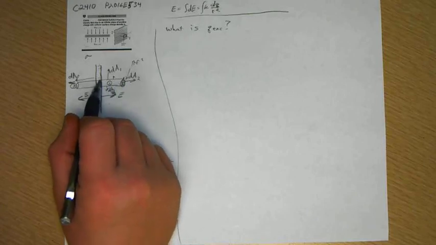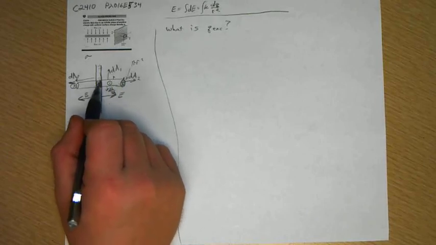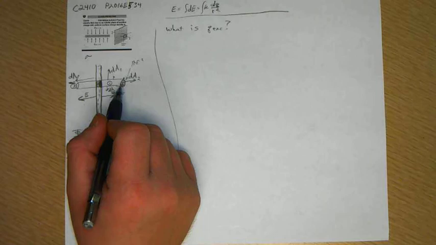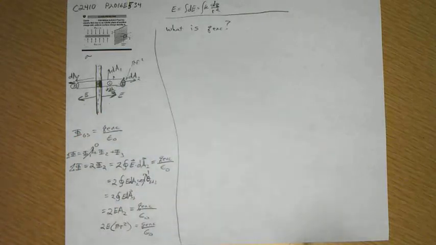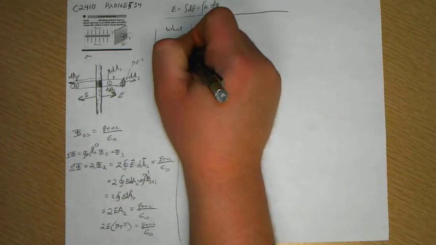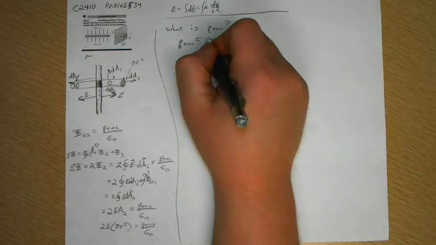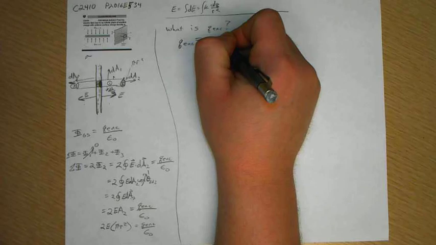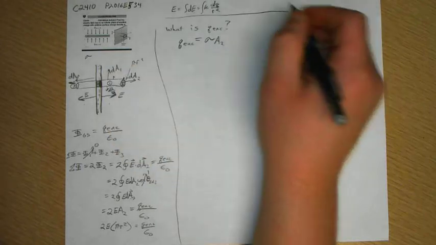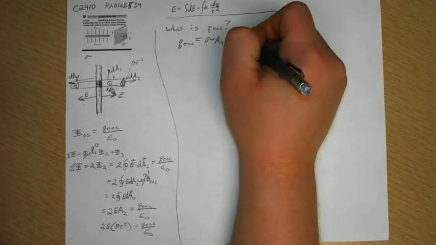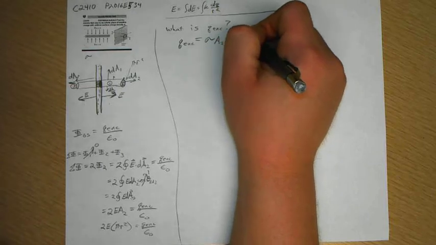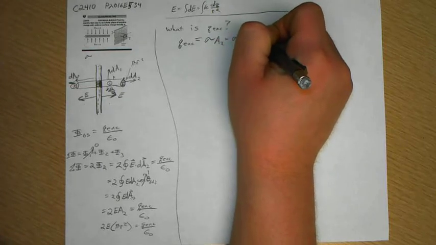So the charge enclosed is just the charge enclosed by this area, pi r squared. So Q enclosed is equal to the surface charge density times the area, so it equals sigma times pi r squared.